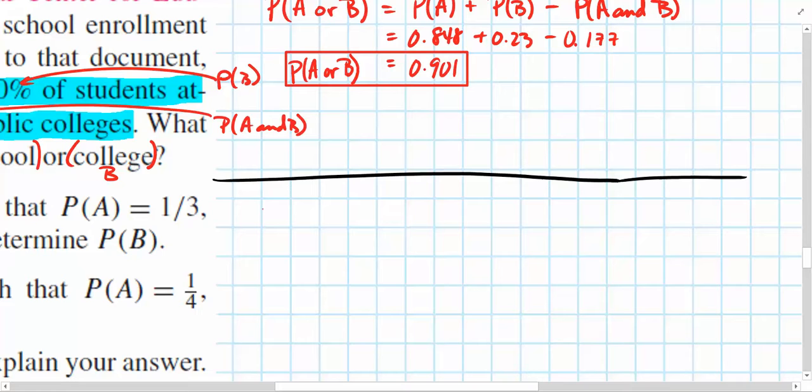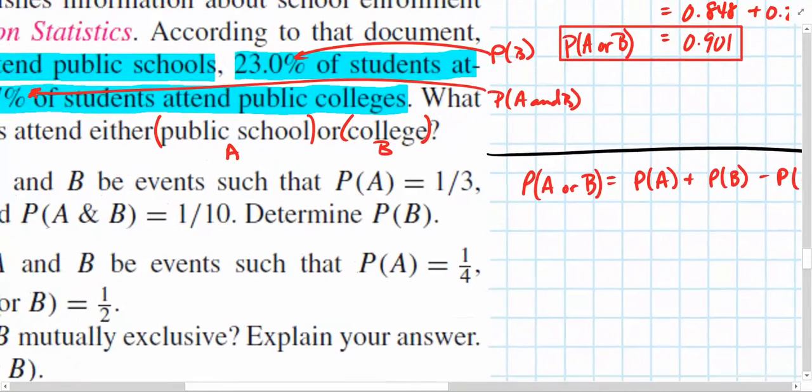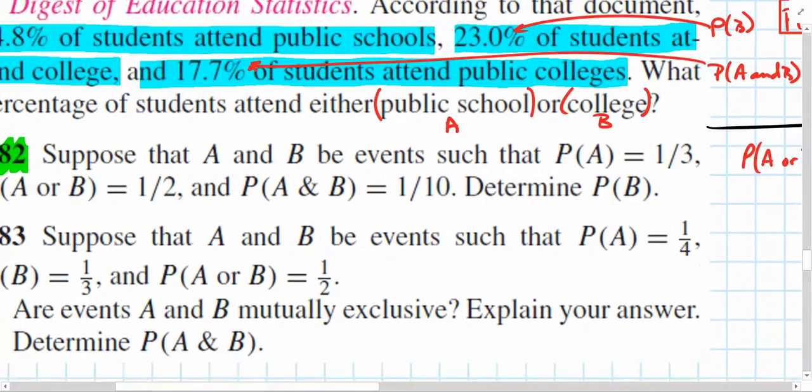Well, again, we can use our general rule. Probability of A or B occurring is equal to the probability of A plus the probability of B minus the probability of A and B. This looks like the problem that was presented to you on the quiz last week.